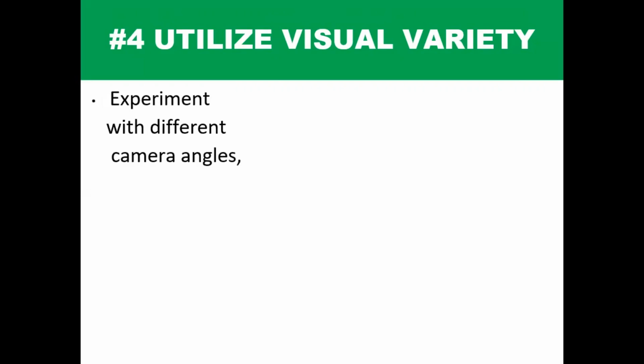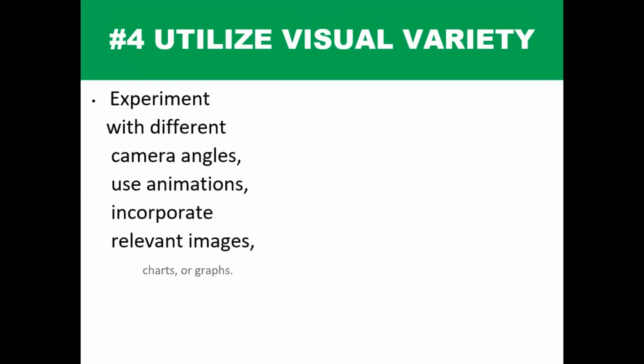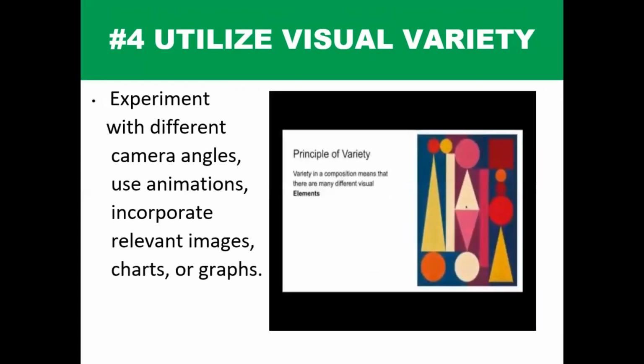Now, let's move on to tip number 4, utilize visual variety. Variety, they say, is the spice of life. So you need to experiment with different camera angles, use animations, incorporate relevant images, charts, or graphs. This is important. Visual variety keeps viewers engaged throughout your video.